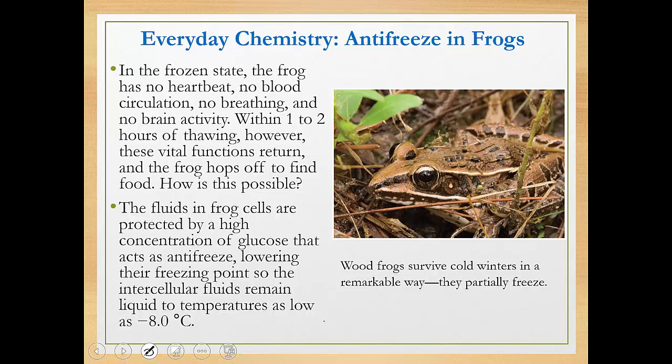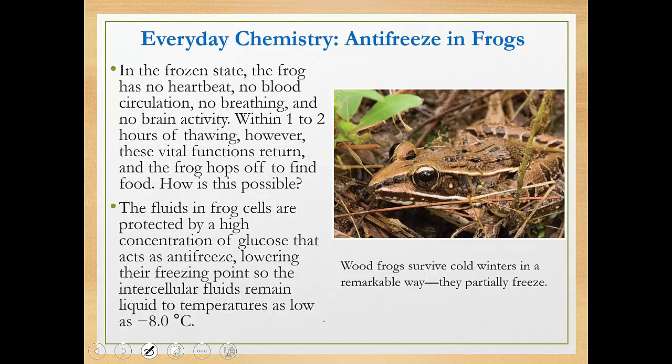Well, that's because the fluid in the frog cells has a high concentration of glucose, so it acts kind of like antifreeze. It is a solute. It's dissolved in there, in their system. It lowers the freezing point.